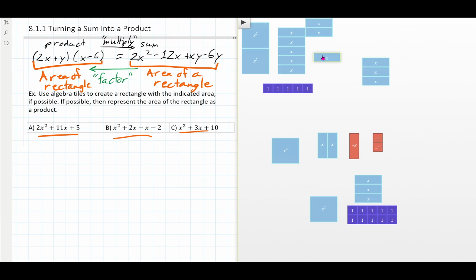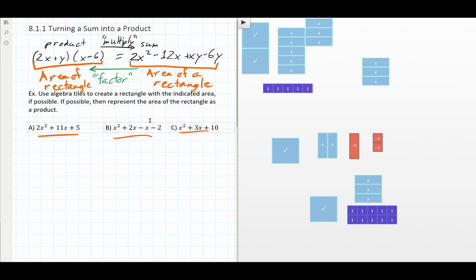So also remember, the name of the tile is its area. So since this tile has a name of x, its dimensions are x by 1. Similarly, the 1 tile right here, the little single tile, has dimensions 1 by 1. And the x squared tile has x by x.